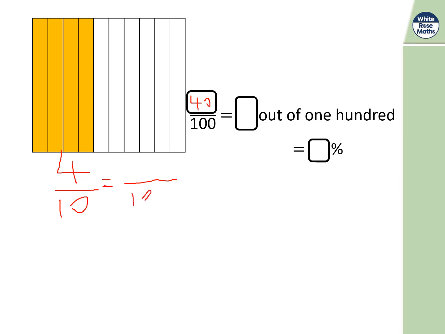So I got 40/100ths, which in turn equals 40%.